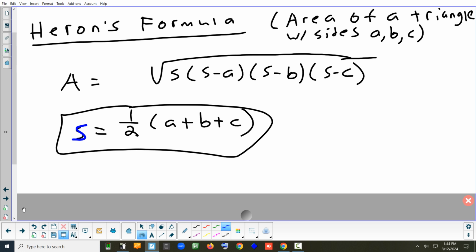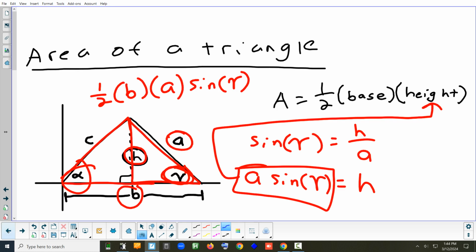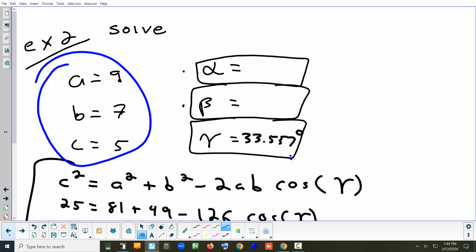So let's find the area of the triangle. I'm going to go back to the one we did, just because I can find the area very quickly, because I already know the angle. And let's compare it to when we do this new formula. I do need to know what sides the gamma is between. Think about if you draw it out. Gamma is between which two sides?